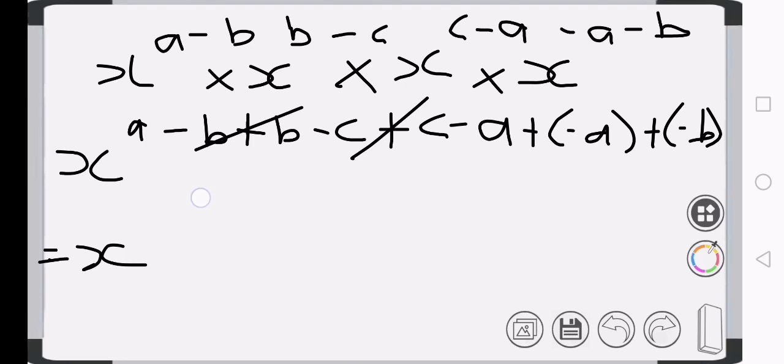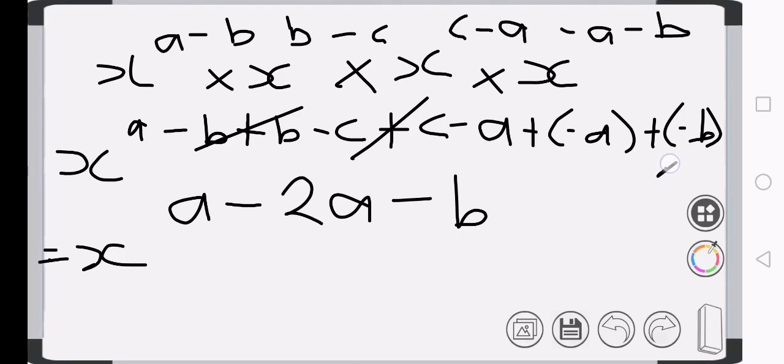So a minus 2a minus b. So our answer will be x to the power negative 2a plus a, or a minus 2a, which is negative a minus b.